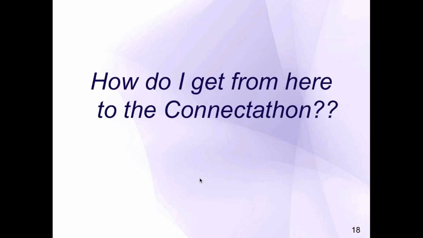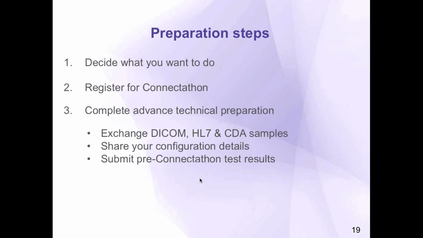So what do I do to register for and prepare for the Connectathon? Again, Don said there are IHE capabilities and you need to match your product capabilities to the IHE profiles, and that's really the decision and evaluation that you need to perform now. There's a registration step that actually signs you up, and we're going to walk through that.